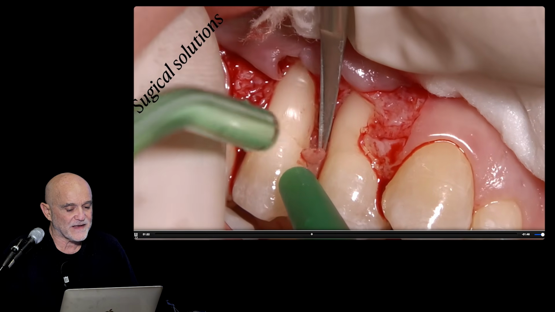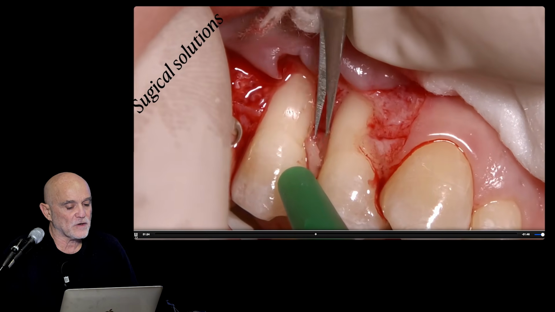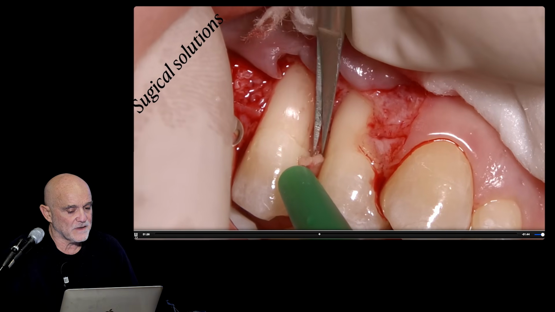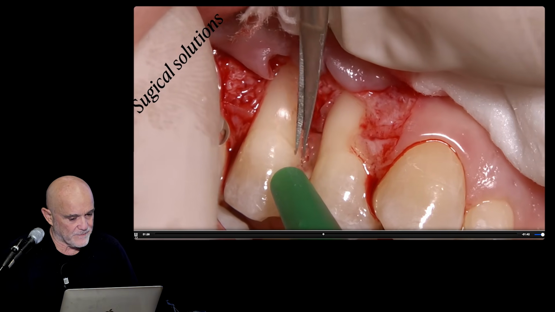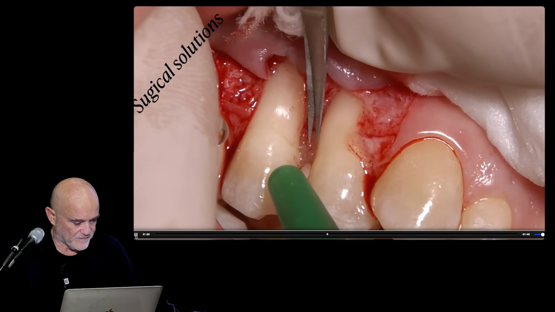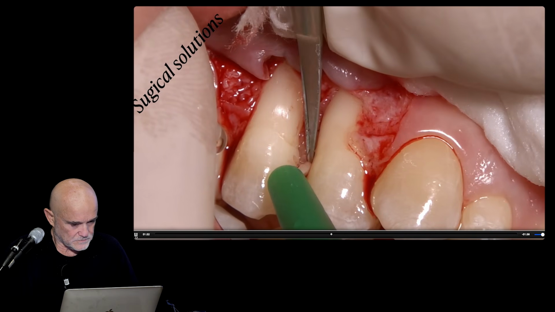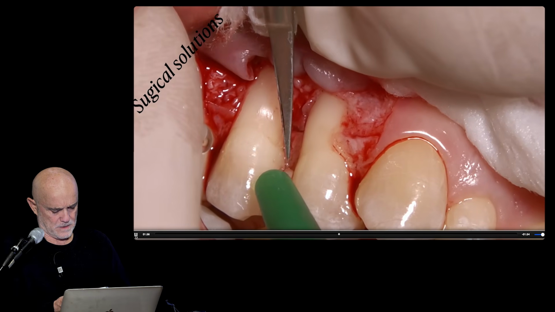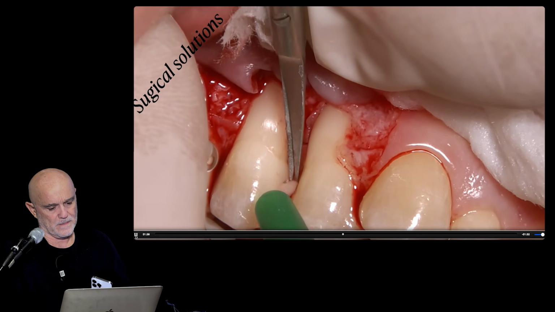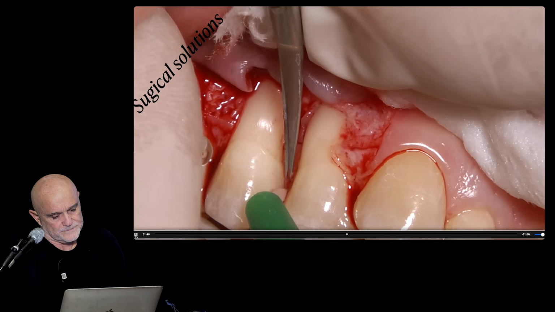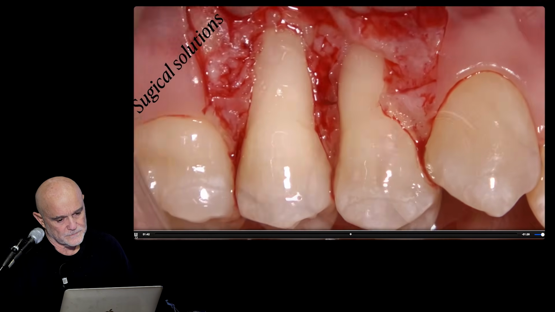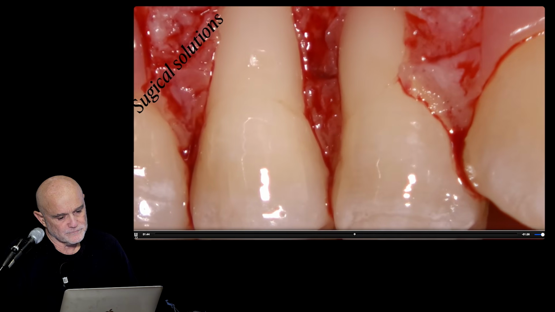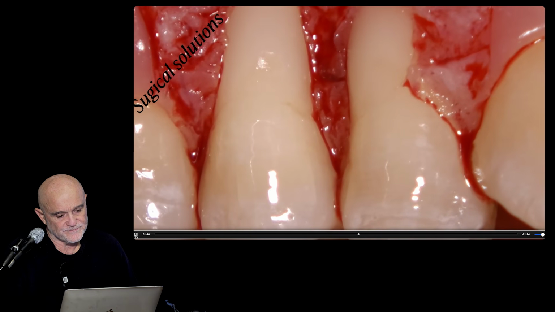Despite this papilla being extremely small, you cannot leave remnants of epithelium that don't provide any blood supply to the surgical papilla of the flap. Vascular bed, yes?